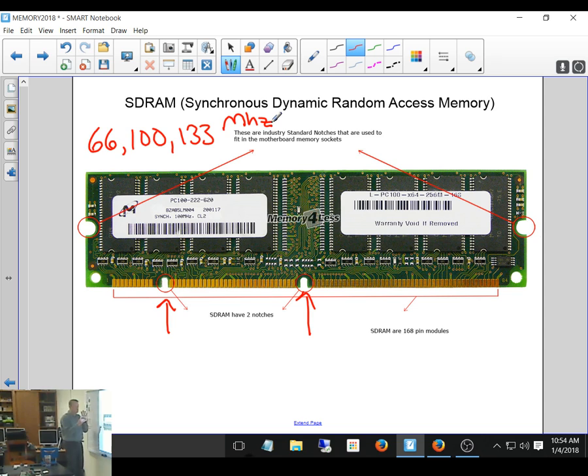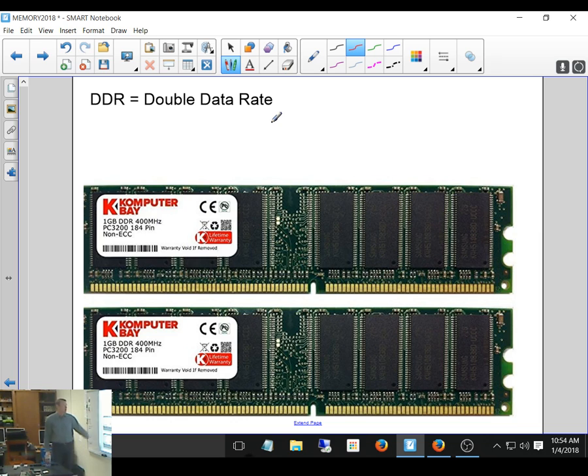The next generation of SDRAM was called DDR RAM, or double data rate. And it's DDR SDRAM. It's still SDRAM, it's just called DDR. Some physical characteristics changed.